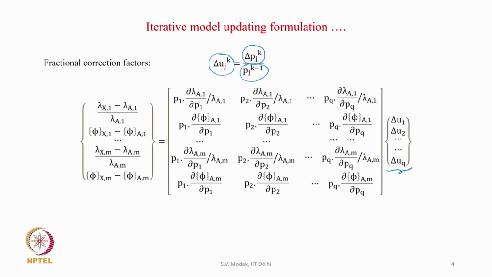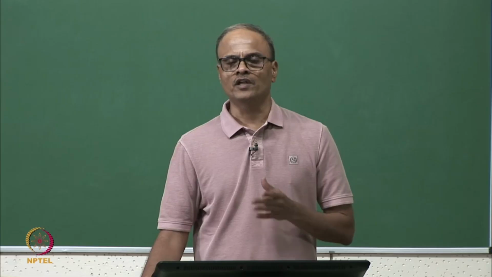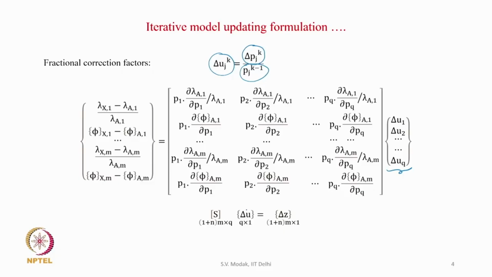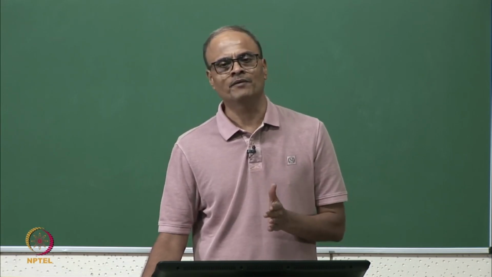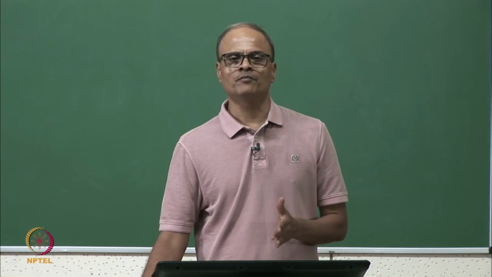Let us represent this equation as matrix S multiplied by vector delta u is equal to delta z. Here S is the coefficient matrix, which consists of derivatives of eigenvalues and eigenvectors, and they can also be said to represent the sensitivity of eigenvalues and eigenvectors with respect to different updating parameters, and that is why this coefficient matrix is often referred to as the sensitivity matrix.